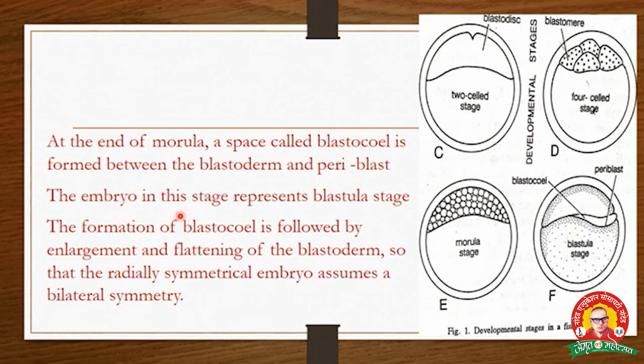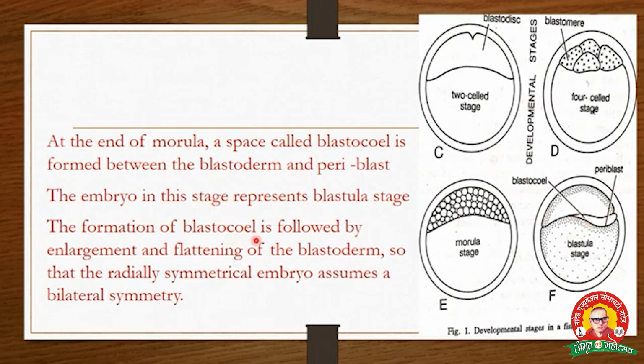The embryo in this stage represents the blastula stage. This is the blastula stage. Here is the blastocoel, this is the periblast and this is the blastocoel.